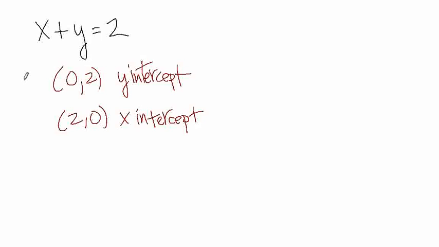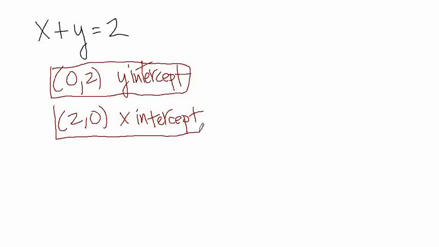In fact, you don't even need to draw a picture to find the x and y intercepts. You just find the solution that has the x or the y 0, depending on which one you're looking for. Okay, so there's that, and we can use those to get our line.